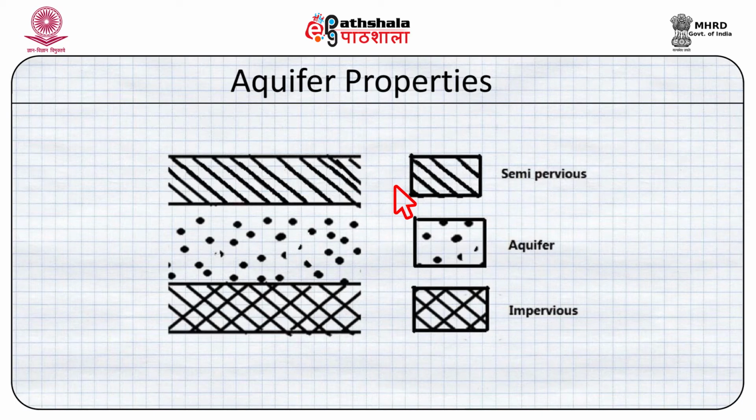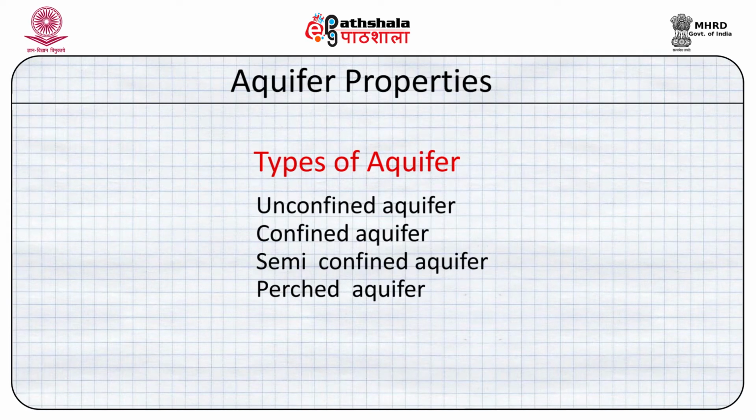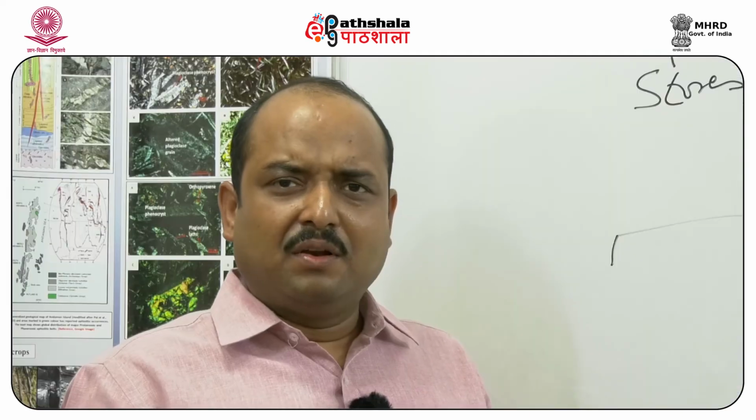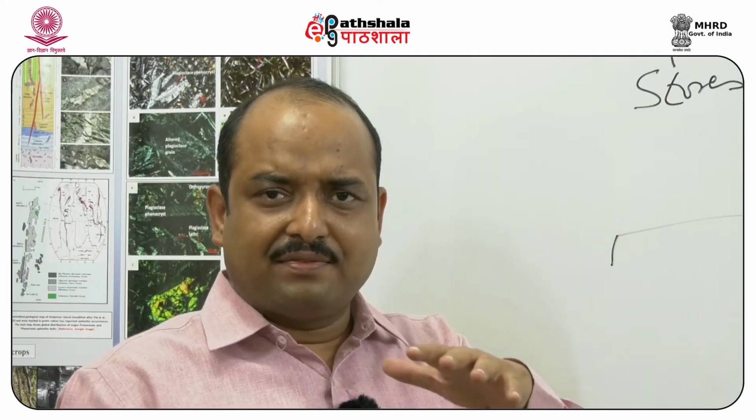It's a semi-confined aquifer. Here, the top layer is an aquitard, so it allows some amount of water to flow through it. Similarly, we have a perched aquifer. Now, what is a perched aquifer? Look, you have a huge stack of non-indurated sand. It's an unconfined aquifer.